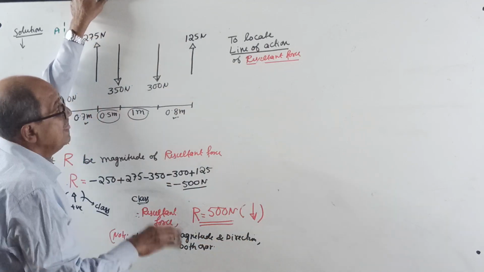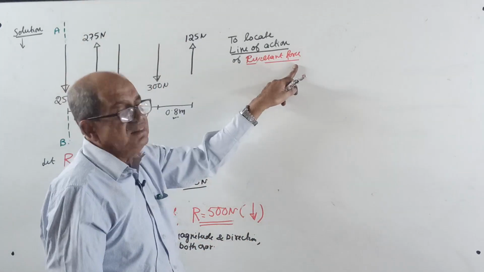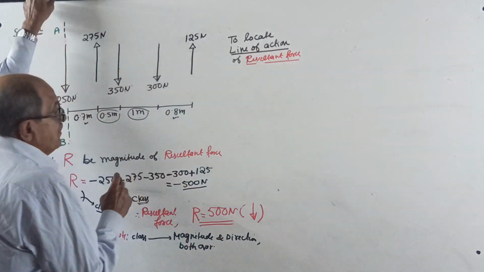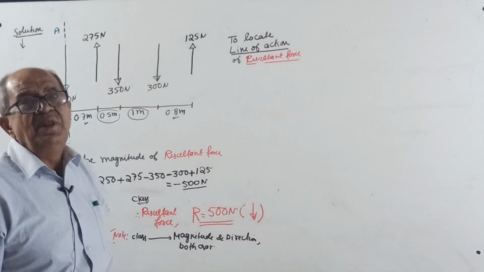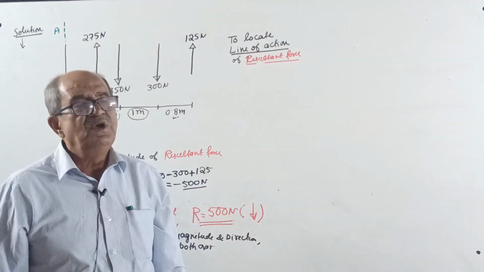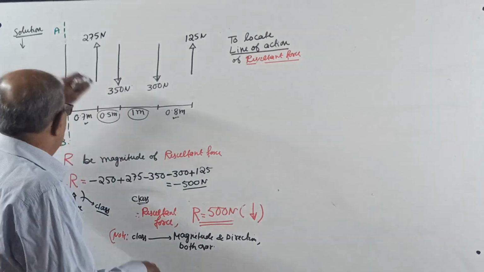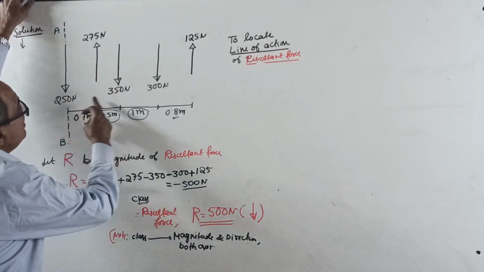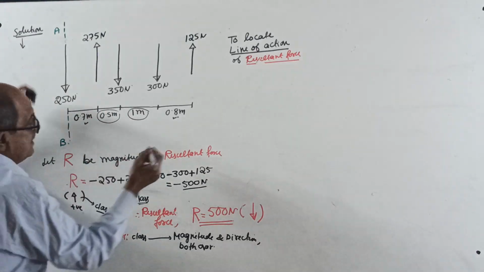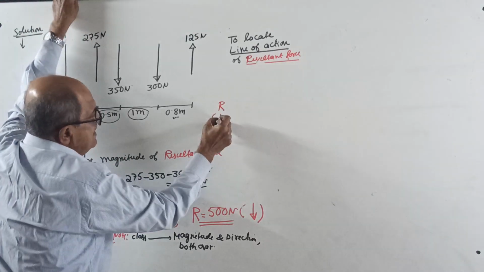Okay, both are over. Now to locate the line of action of the resultant. Okay, one minute, you write. But actually, if somebody asks me to find the resultant, I will not take upward positive. If you have courage, what you can do is see here, by looking only, I can make out the resultant is 100% down. So I will calculate R in the downward direction.